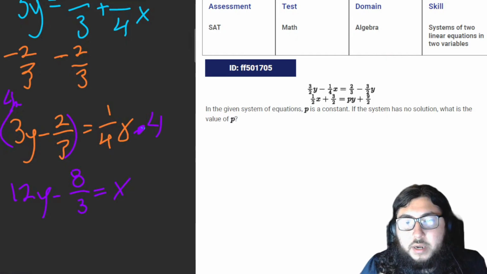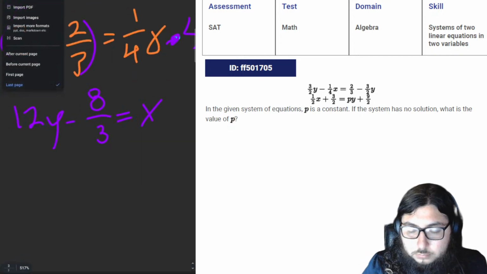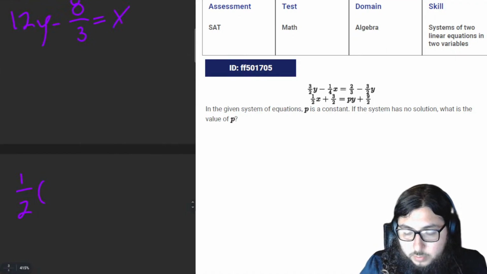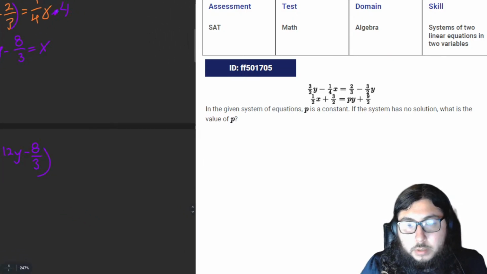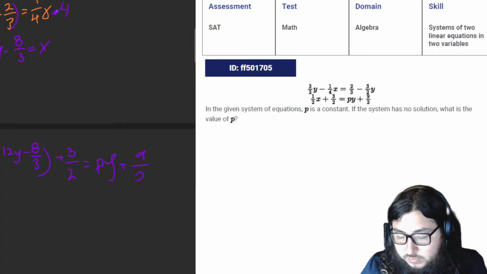And then we can substitute that in our bottom equation. So 1/2 times everything that we got over here, 12y minus 8/3, plus 3/2 is equal to py plus 9/2.